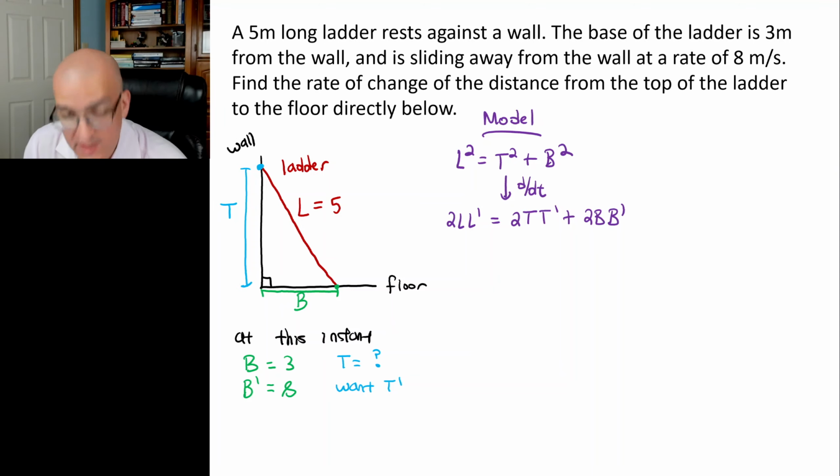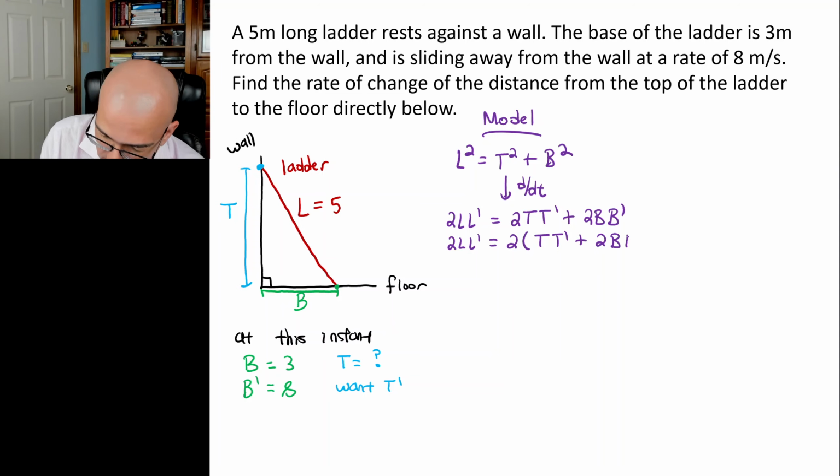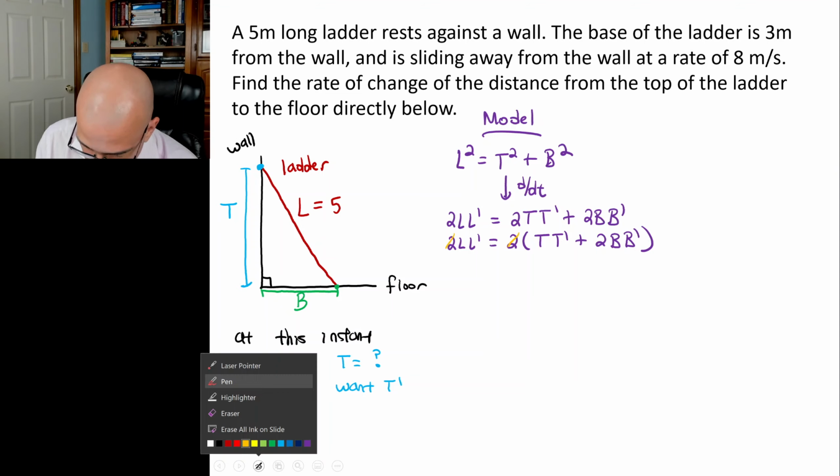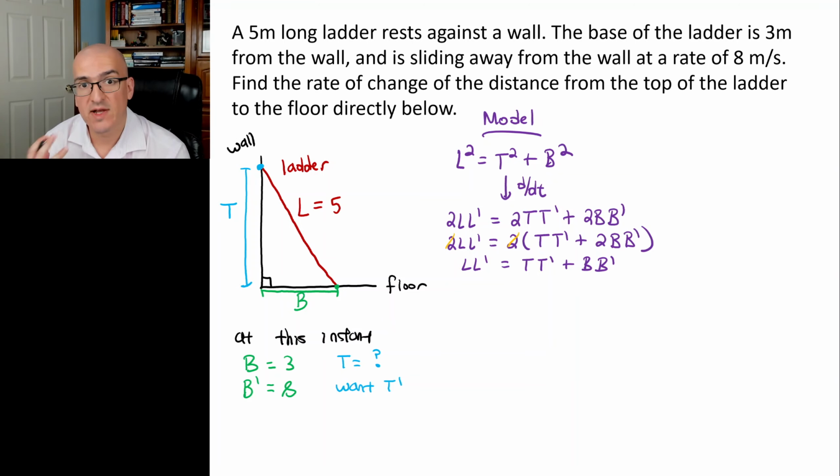And we want T prime, so we've got to rearrange for it. But before we do that, I'm going to common factor 2 out from the right so that we can cancel properly. Cancel the 2's. So we have L L prime is equal to T T prime plus B B prime. Then I want to get T prime all by itself. That's the thing that we're after. So I have some rearranging to do.